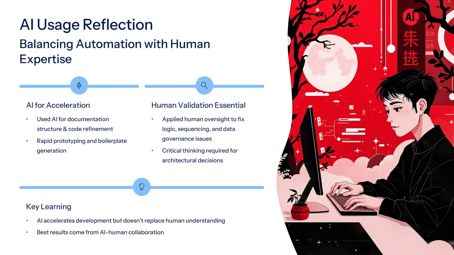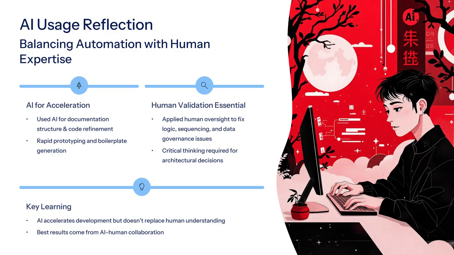So AI usage reflection, balancing automation with human expertise. For this project, AI helped in documentation structure, code refinement, and rapid prototyping and boilerplate generation. I had to look over what the data was, what the output was, and continuously fix whatever Claude gave me.